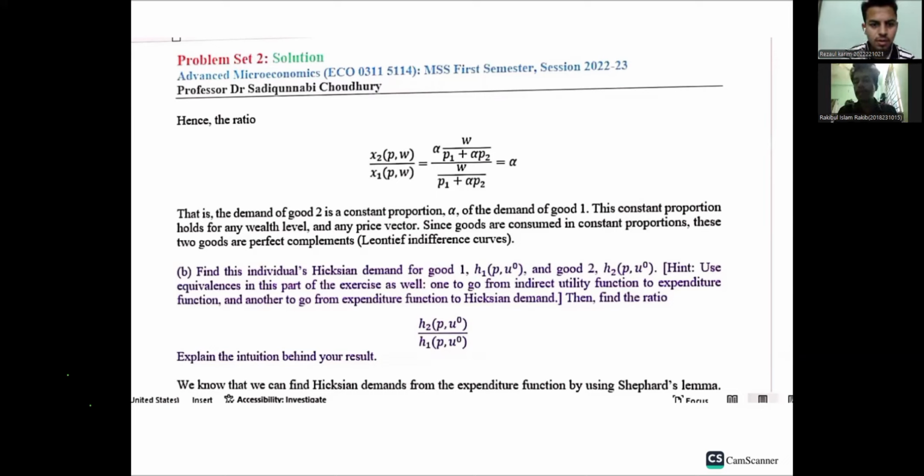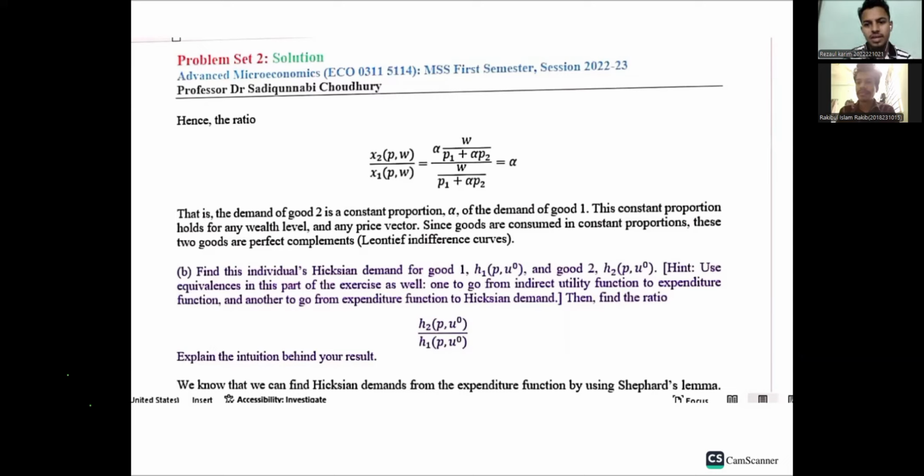Thank you, Rakibul. You explained problem A well in the first problem, and now I will explain the second problem, where we find this individual's Hicksian demand for good 1 and good 2.